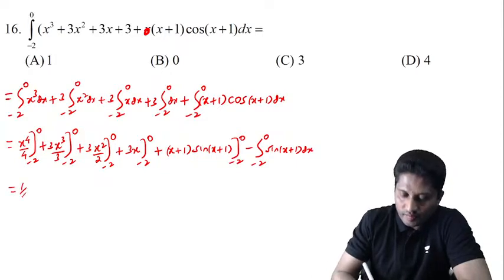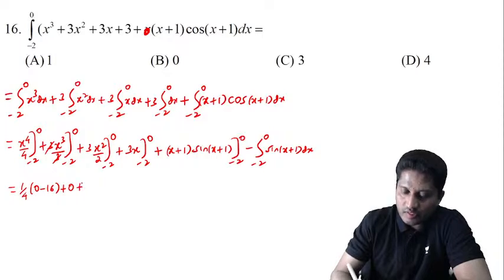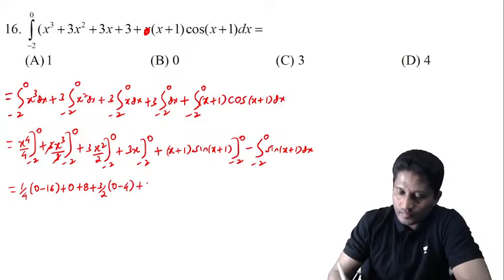This is 1 by 4, upper limit is 0, lower limit minus 2 power 4 is 16. This will cancel. Upper limit is 0, minus 2 the whole cube is minus 8, so this plus 8. 3 by 2, upper limit is 0, minus 2 square is 4. Minus and minus is plus.